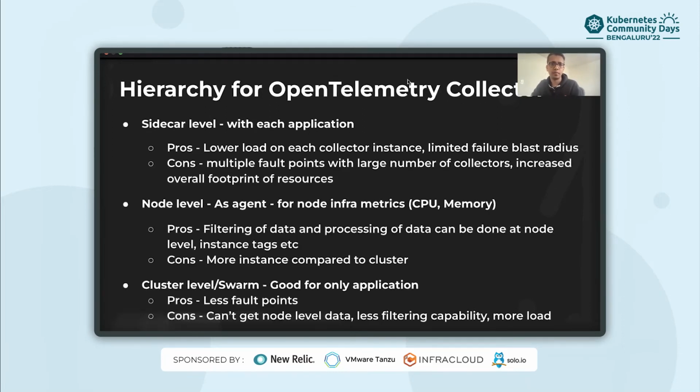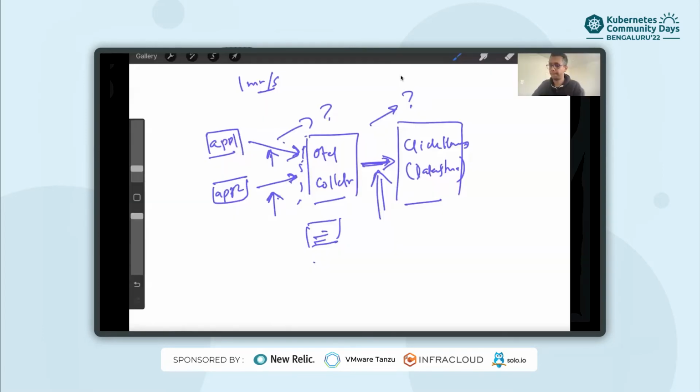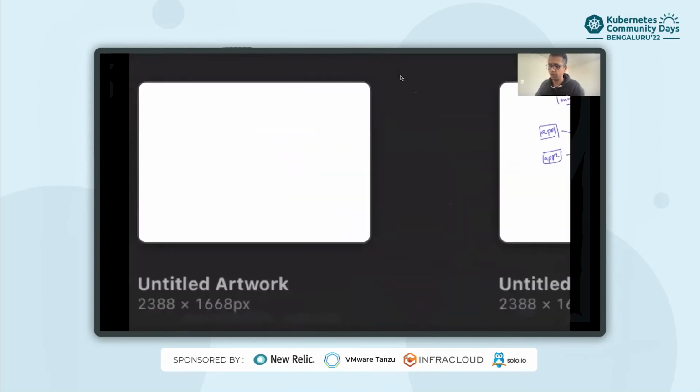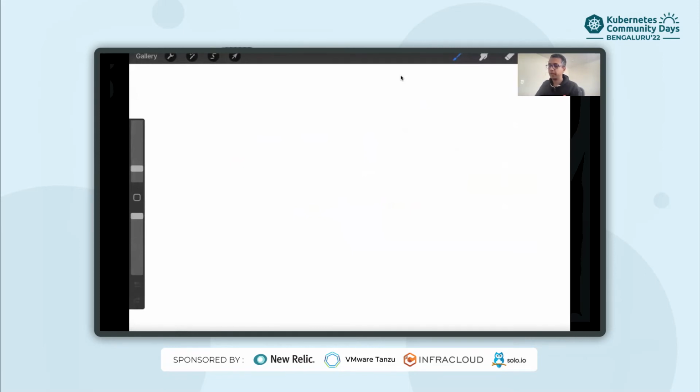And yeah, let's discuss now what the different hierarchies are in which we can run the OpenTelemetry Collector. It can run in 3 different modes primarily.